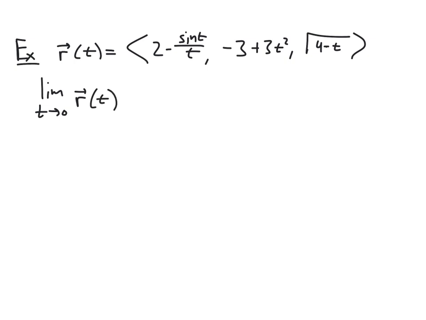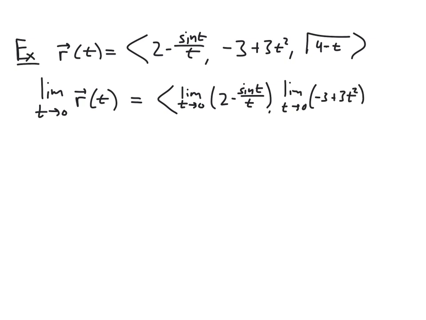In order to do this, all we need to do is compute the limit as t approaches 0 of each of these component functions: the limit as t approaches 0 of 2 minus sine t over t, the limit as t approaches 0 of negative 3 plus 3t squared, and the limit as t approaches 0 of the square root of 4 minus t.